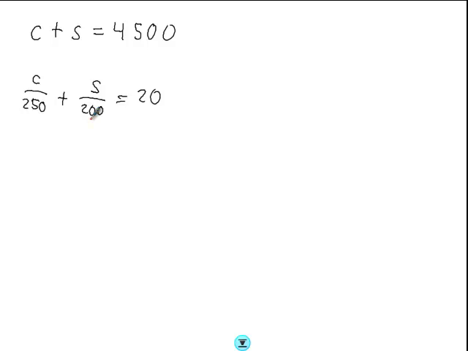I see that 50 goes into both of them. It looks like they both go into 1,000. If you think of it, you could just count by 250 until you get to a number that 200 goes into. 750, no. 1,000, yes. That's the least common multiple. So I'm going to multiply everybody in the second equation by 1,000, both sides. That simplifies: 1,000 divided by 250 is 4C plus 1,000 divided by 200 leaves me with 5S equals 20,000.